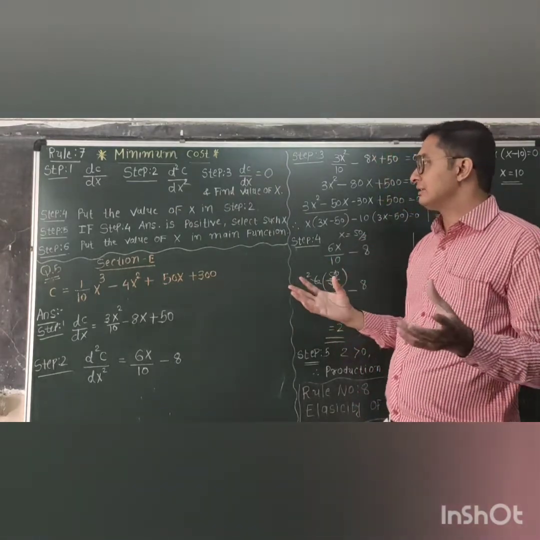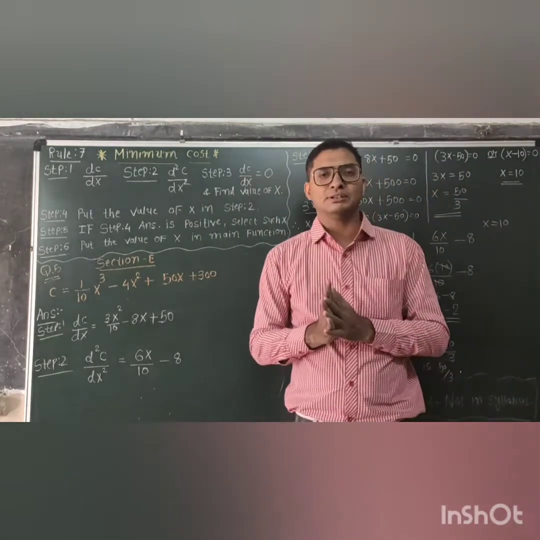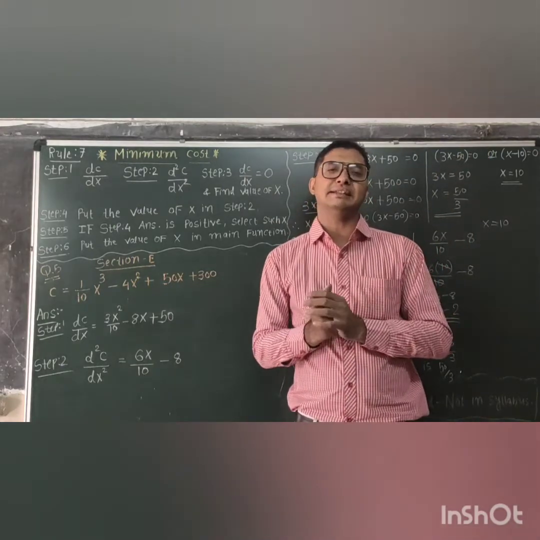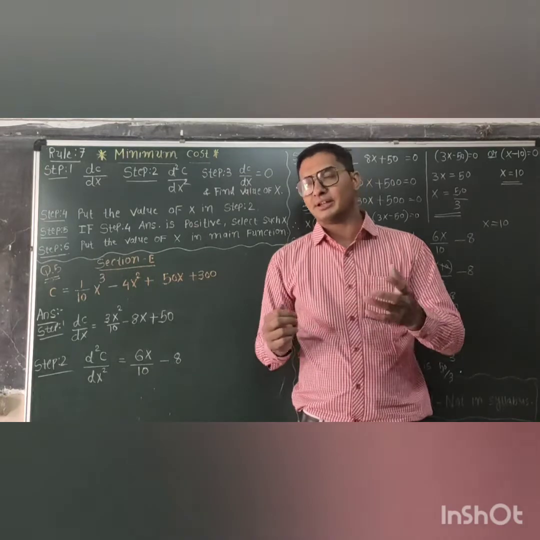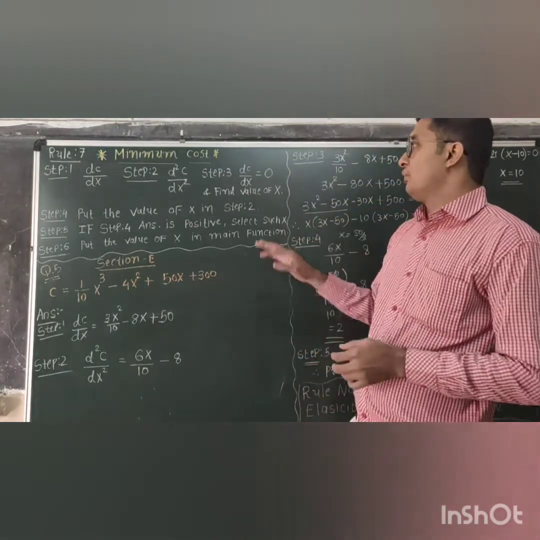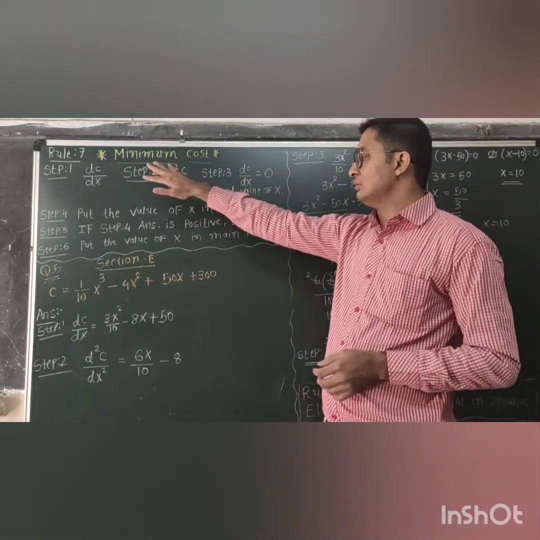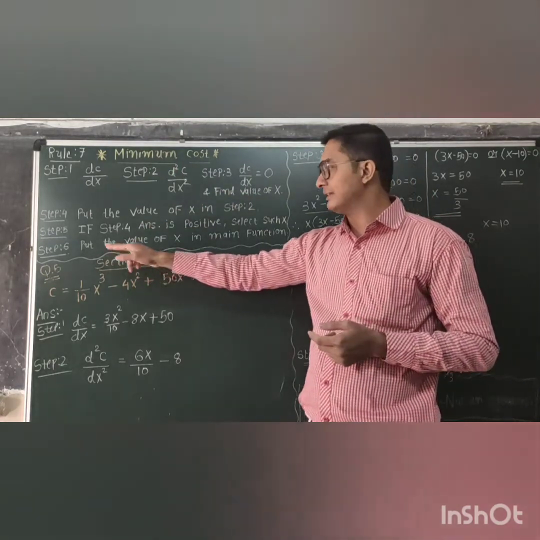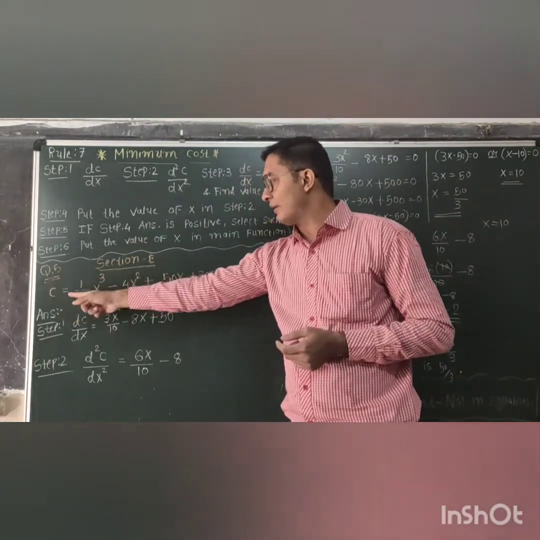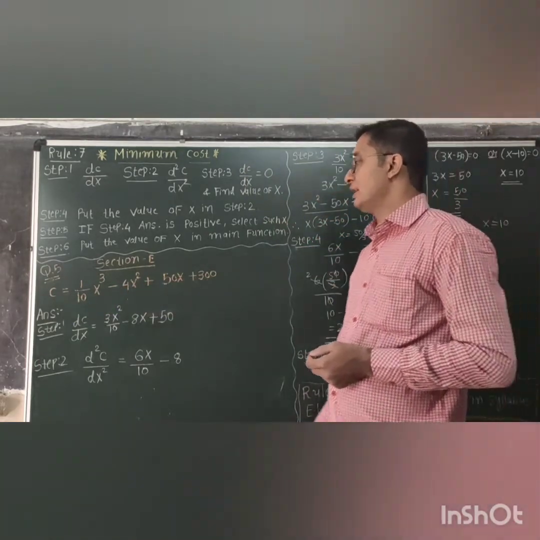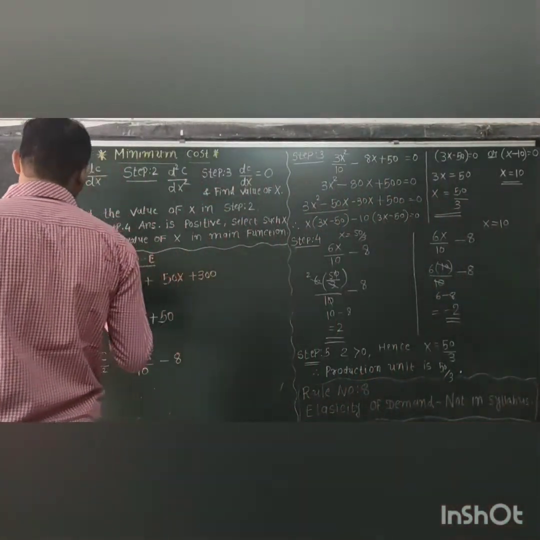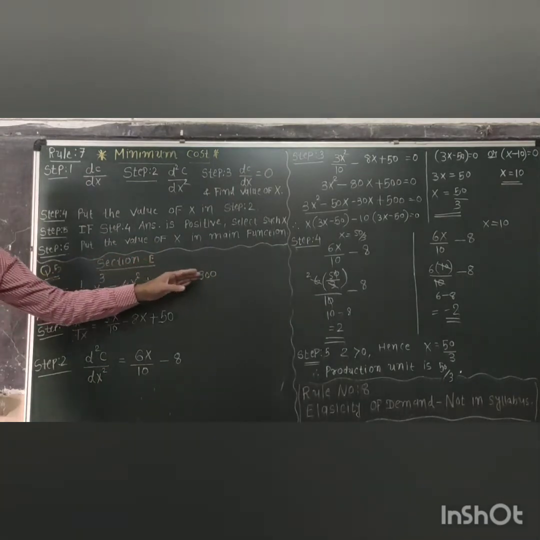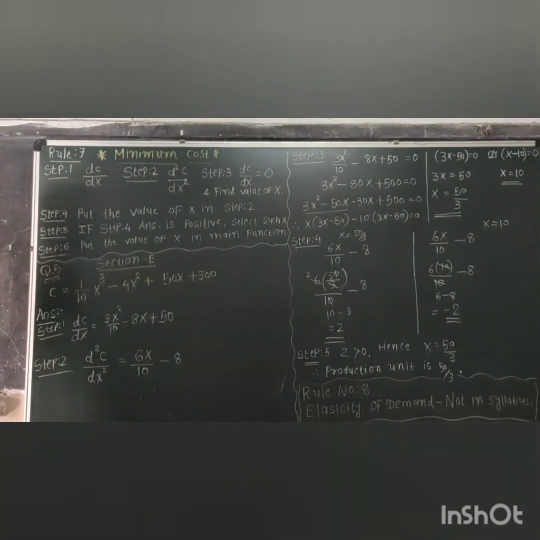These are all the same and similar points as method number 6, that is rule number 6, increasing and decreasing. Now, for these steps and rules, we are going to discuss section E. There is question number 5 where c is equal to 1 upon 10 x cube minus 4x square plus 50x plus 300.